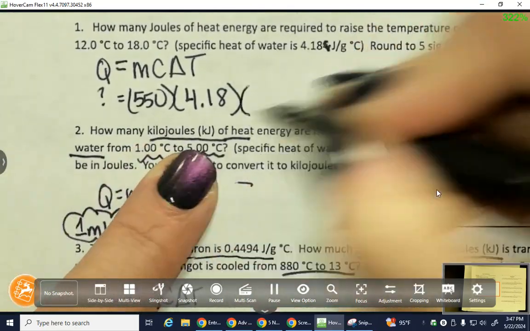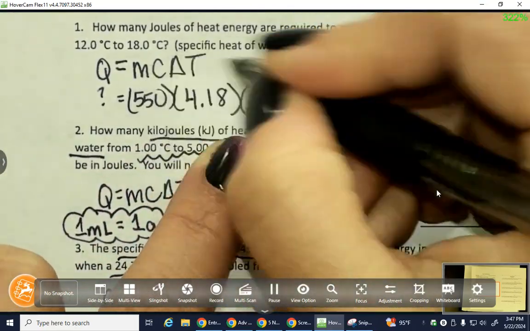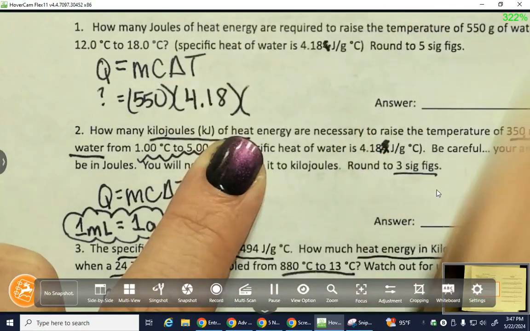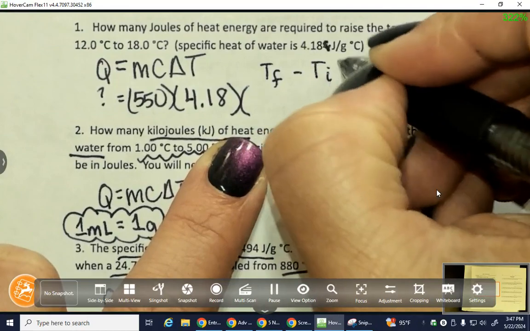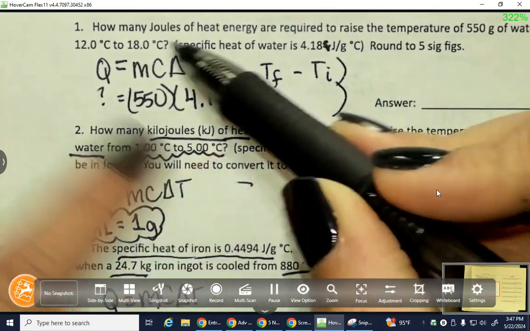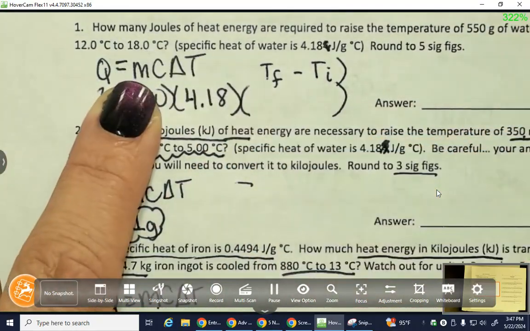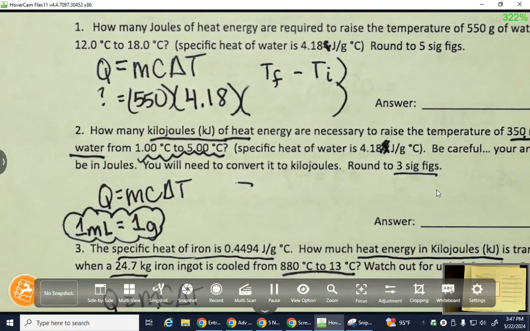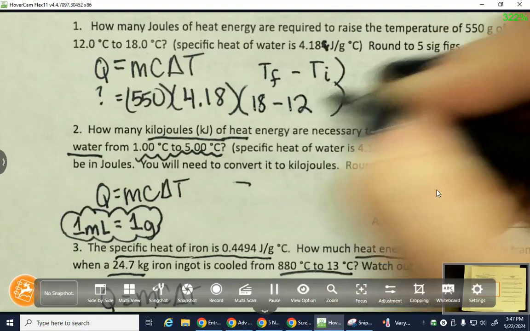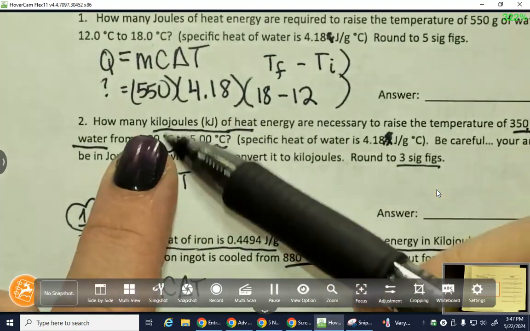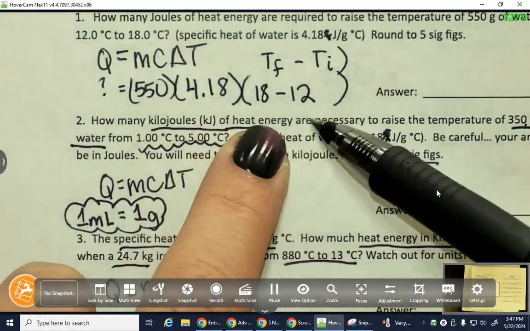All right. So back to this. So then we had the 4.18. I'm going to multiply that then by my change in temperature. So my change in temperature, we're going to always do final minus initial, right? So looking at those values, I have 12 to 18. So which one goes first? 18. So we're going to say 18 minus 12. So ultimately we have 550 times 4.18 times 6.